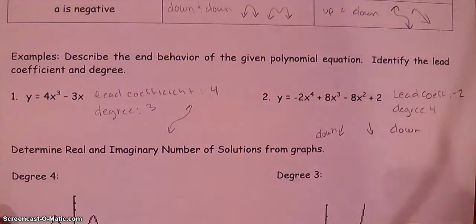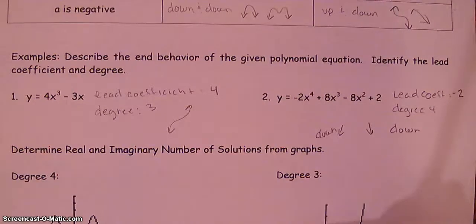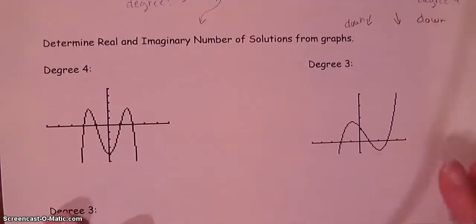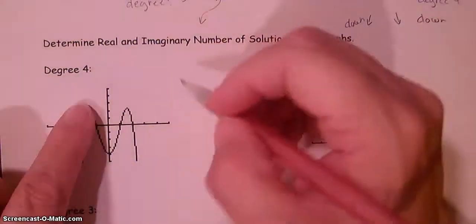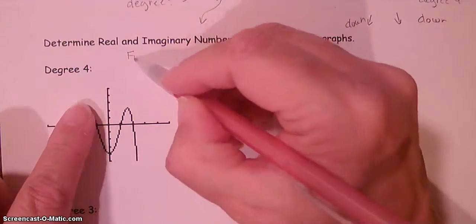Okay. Now another thing we know with our graphs is we can determine our real and imaginary number of solutions from the graphs. So one thing I need to talk about here is the fundamental theorem of algebra.